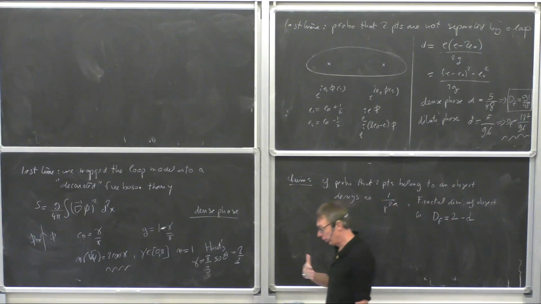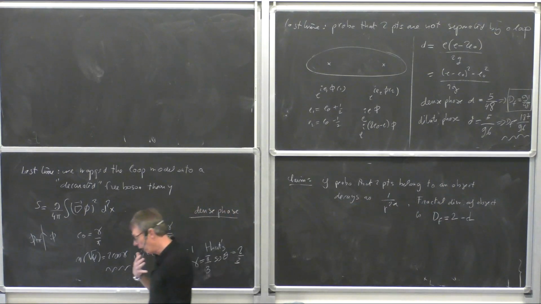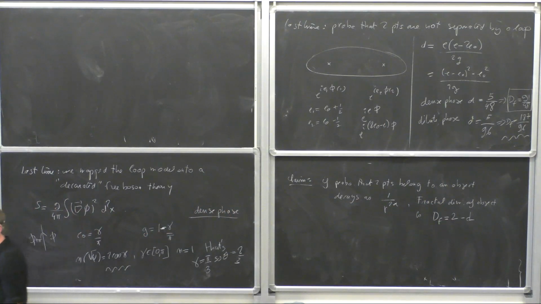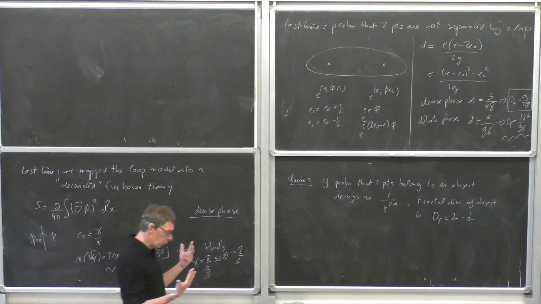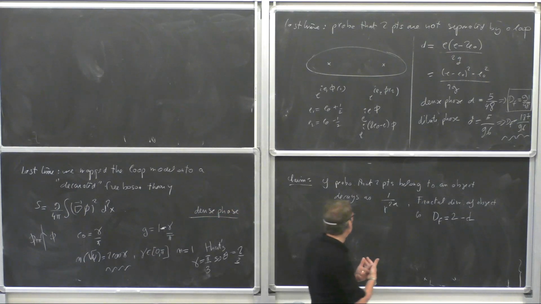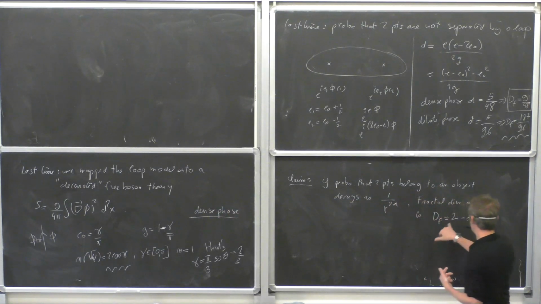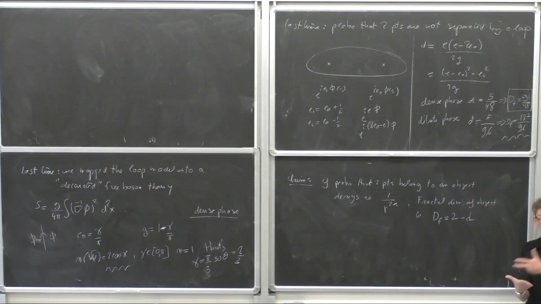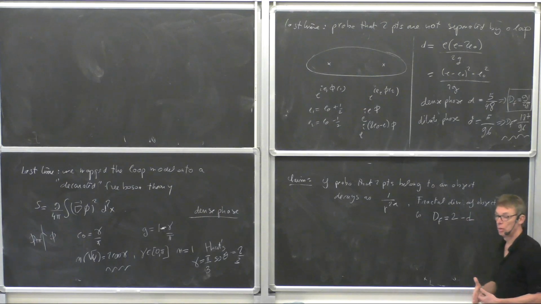And that means that the fractal dimension of the thing you are looking at is 2 minus this. For instance, if you had the plane, every point would belong to the plane, so little d would be 0, and that would tell you that the fractal dimension of the plane itself is 2, which of course it is, but that generalizes.